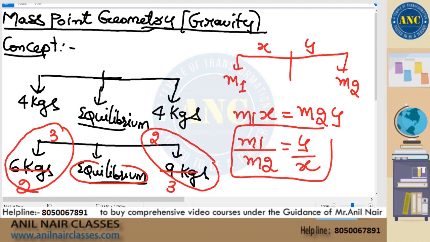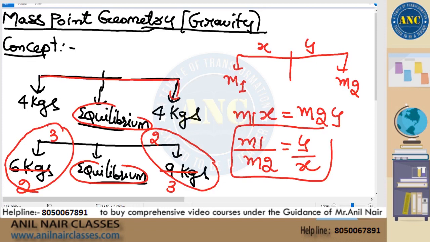Again, I am repeating this concept. You need to understand it very clearly. In an equilibrium state, left hand side 4 kgs, right hand side 4 kgs, it is equal because the weights on both sides are equal. What if they are not equal? If they are 6 kgs and 9 kgs, they will be equal at their LCM. LCM of 6 and 9 is 18.